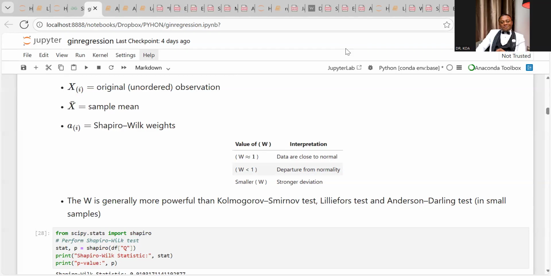So take note of the interpretation. If the W is close to 1, now how do you define close to 1? Well, I can promise you that 0.8 is not close to 1. When it comes to normality, 0.9 is not even close to 1. 0.91, 0.92, 0.93 is not even close to 1.